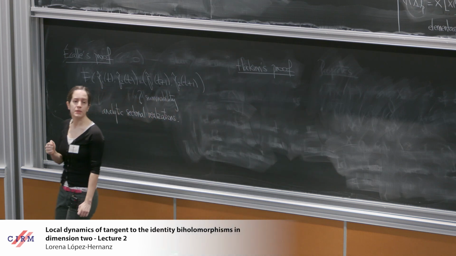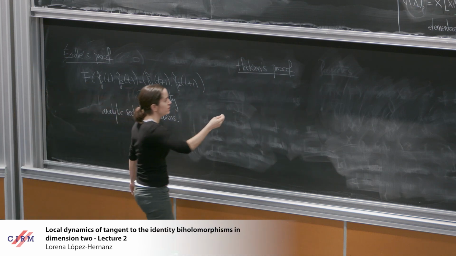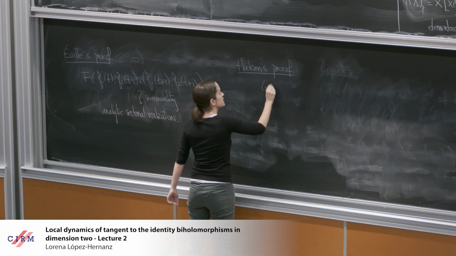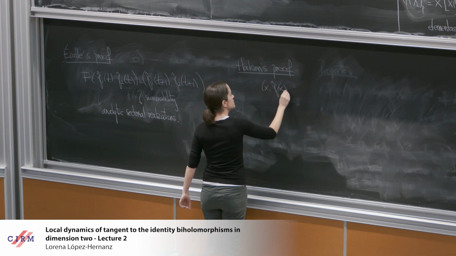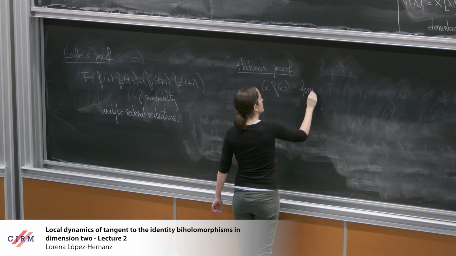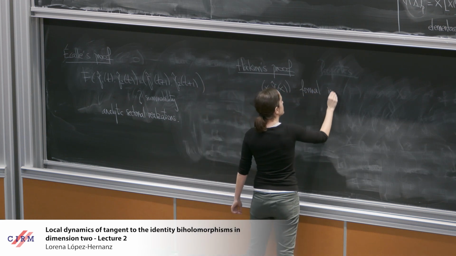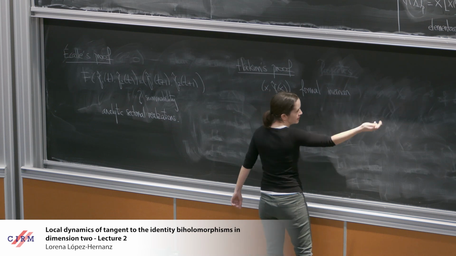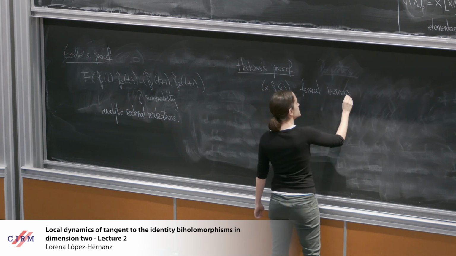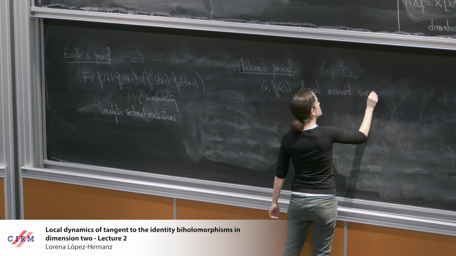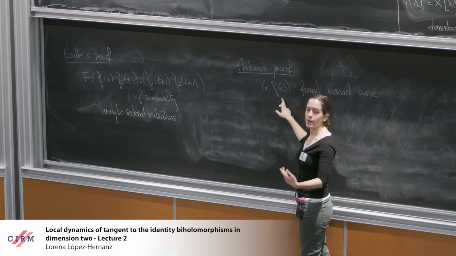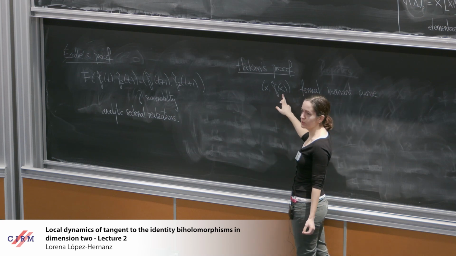Since we have this formal object, x, gamma hat of x, a formal invariant curve, remembering that it can have logarithms, we are going to look for a parabolic curve also as a graph of a function.